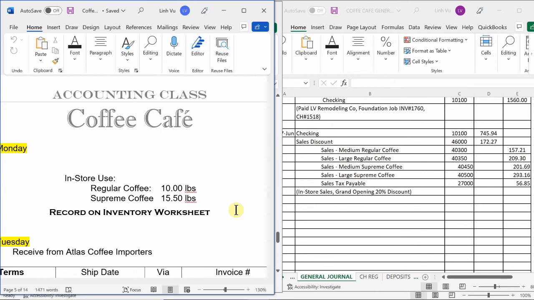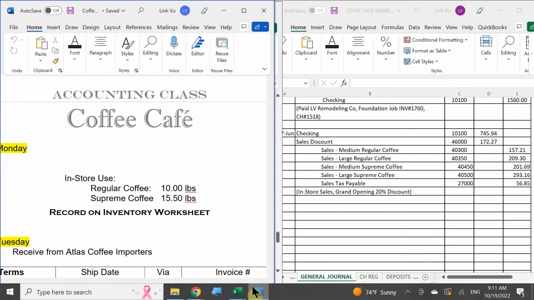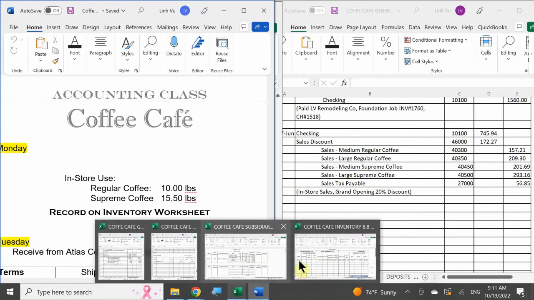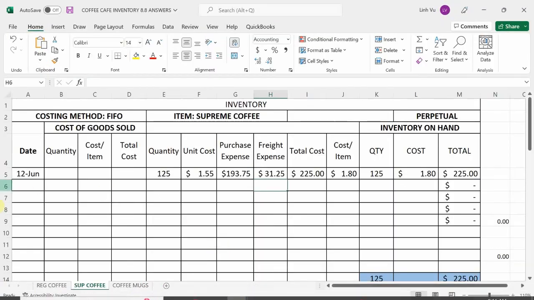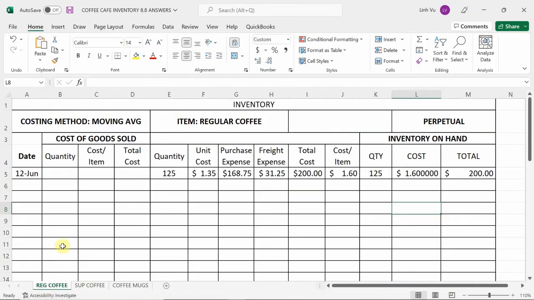So we've got to do it on our inventory worksheet. Okay. So how do I do this on my inventory worksheet?